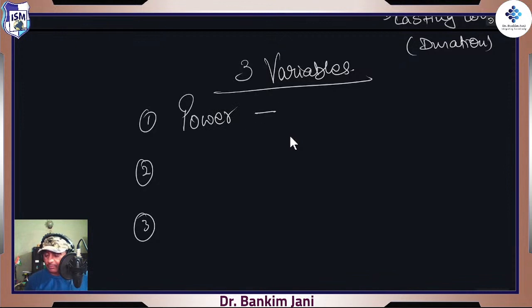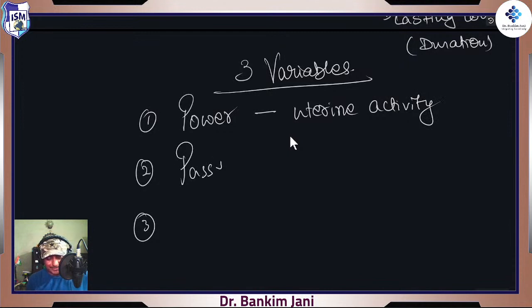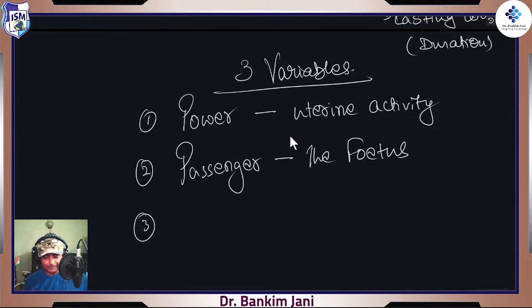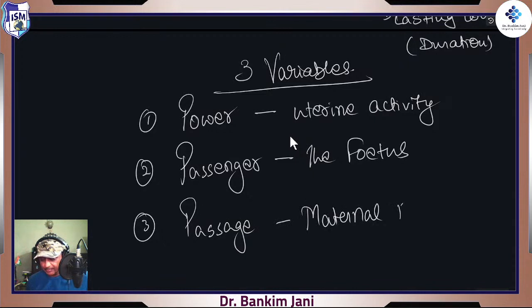Obviously there is only one organ and that is the uterus. So it is the uterine activity which will be generating the power. Who is the passenger? Obviously it is the fetus. That is the passenger. And this passenger is passing through a passage, that is the maternal pelvis.